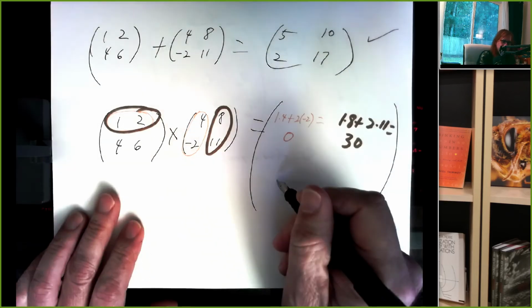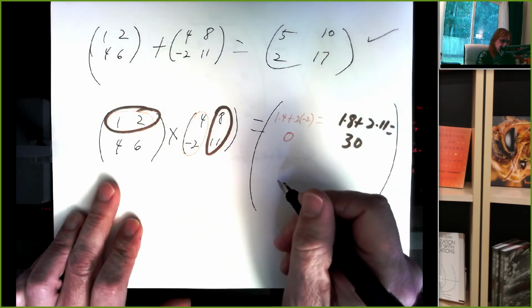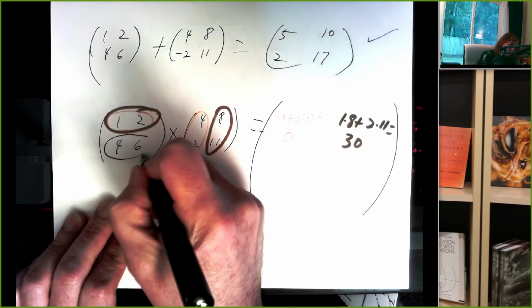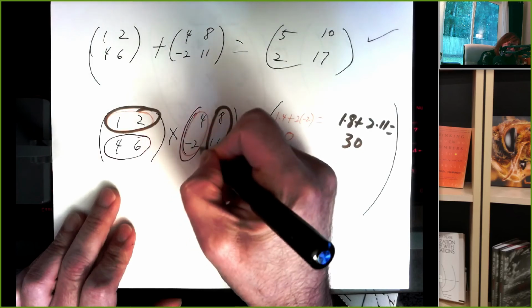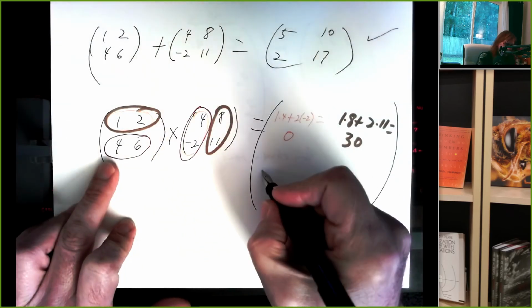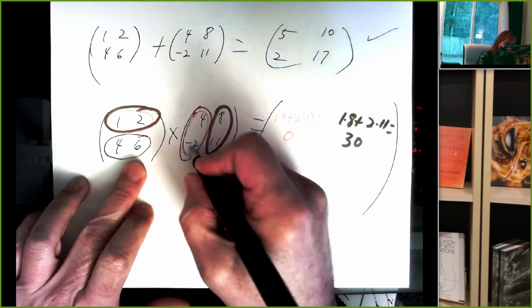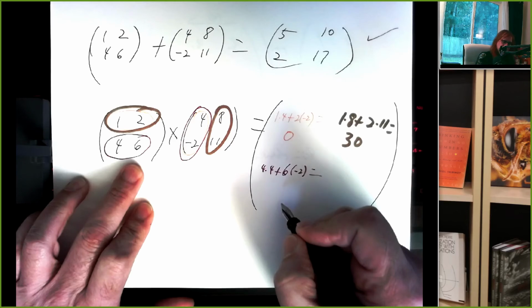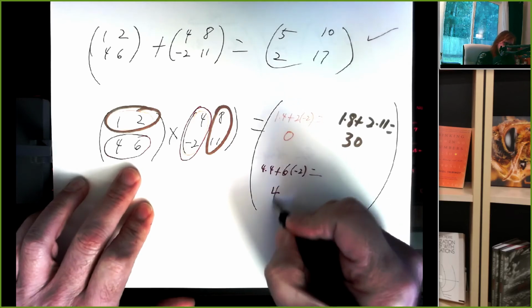The number down here, which is in the first column, second row, we're going to take the second row and the first column, and we're going to do 4 times 4 plus 6 times negative 2, which is 16 minus 12 is 4.